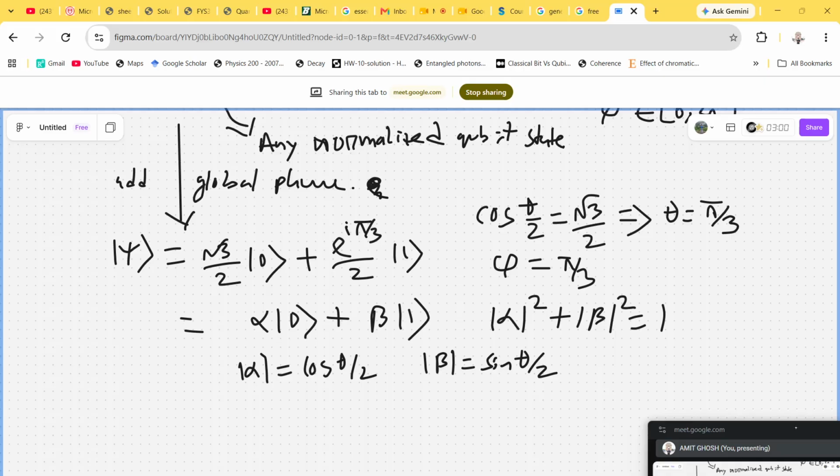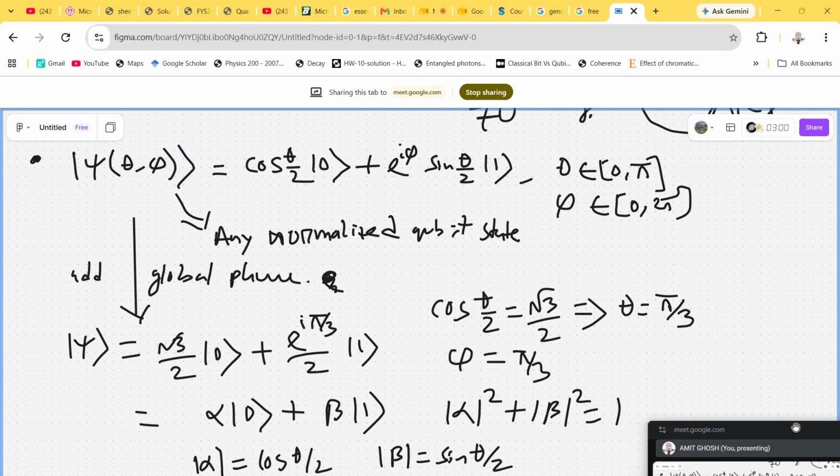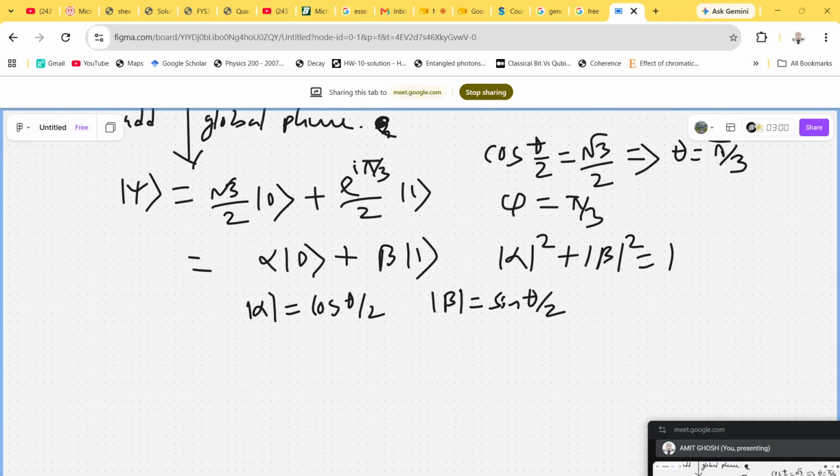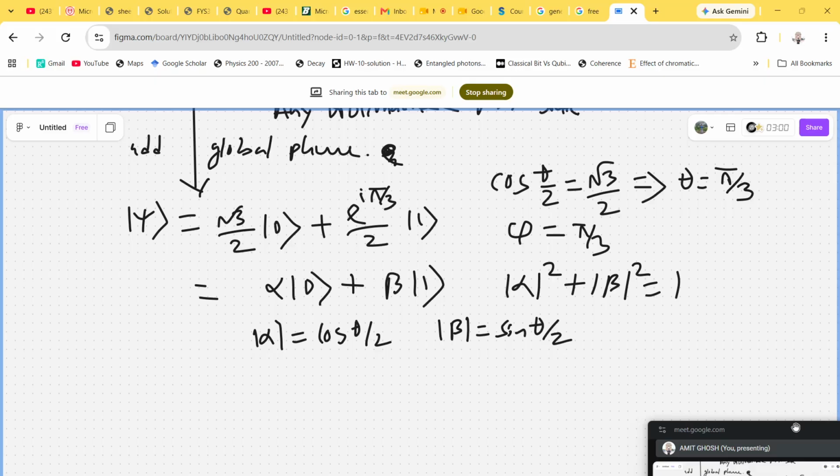So if you add any other phase like phi plus something, that doesn't change the thing, because this modulus will remain the same. That's what I am telling. Now find the Bloch vector of this state. What will be the Bloch vector?